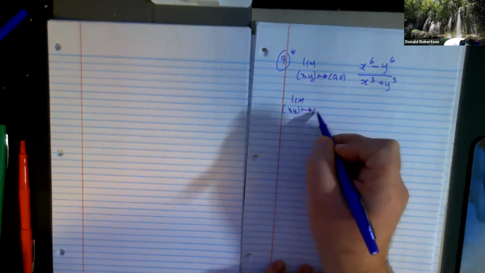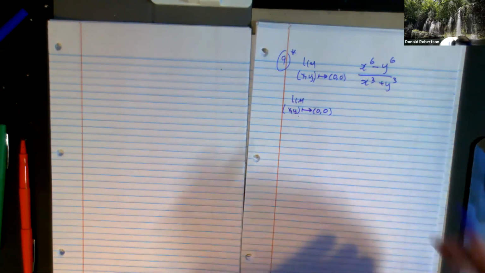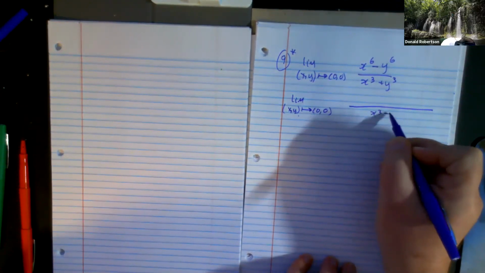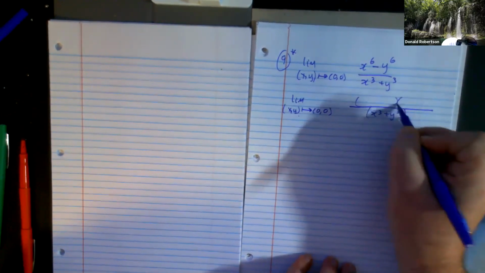Although I could do this question as a limit along the x and a limit along the y, I don't think that really helps. It might not be obvious to you, but that top thing factors.